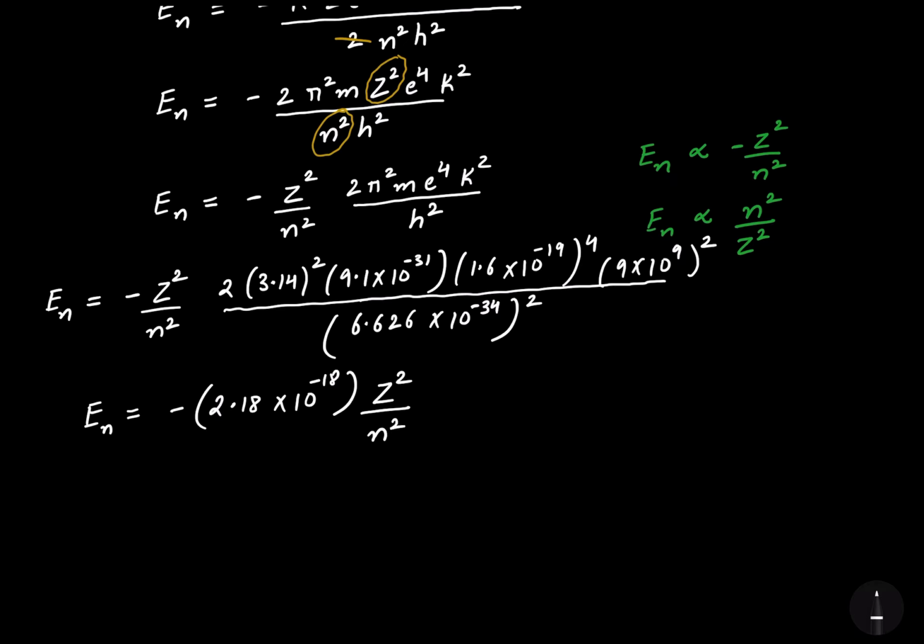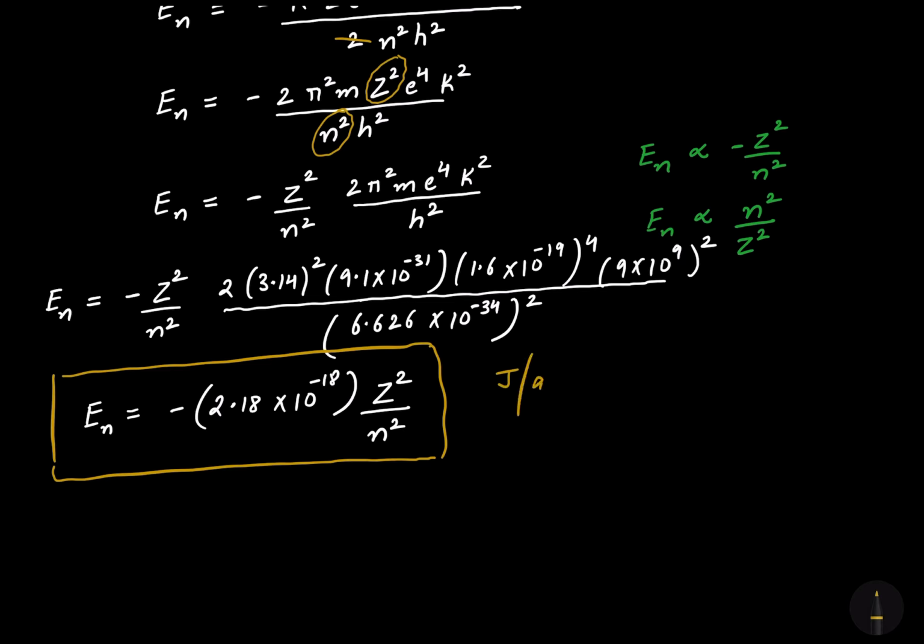So that's the energy of electron in nth orbit, and the most important point here is the unit for this formula is joules per atom, because we are talking about a single atom.